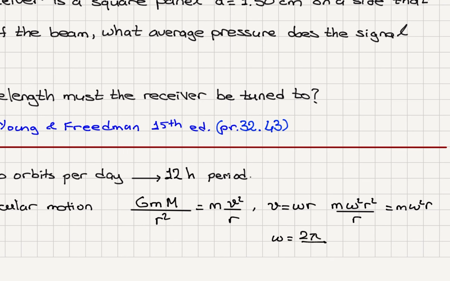So the centripetal force is m times 4 pi squared r divided by the period squared.